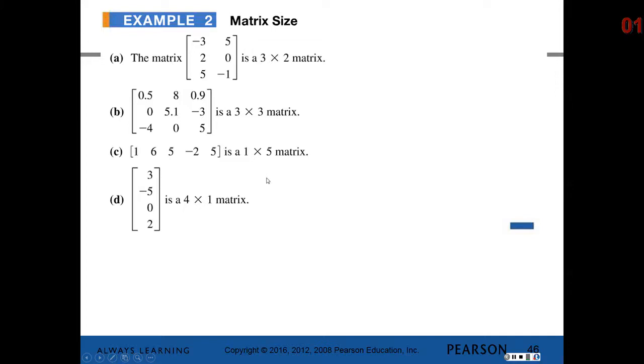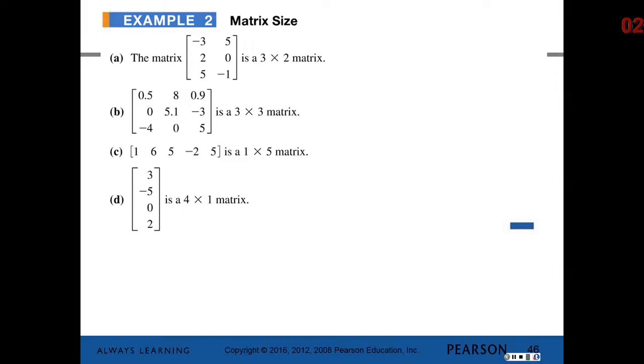So the first thing we want to talk about is matrix size. Your examples are a little bit small, but hopefully I left you enough room to write in your dimensions. The matrix that is given there is a 3 by 2 matrix, 3 rows, 2 columns. Matrix B is a 3 by 3 matrix, which is called a square matrix.